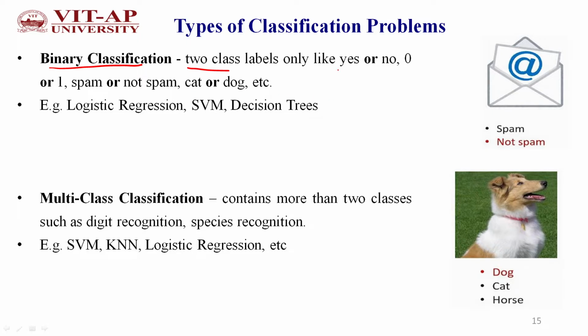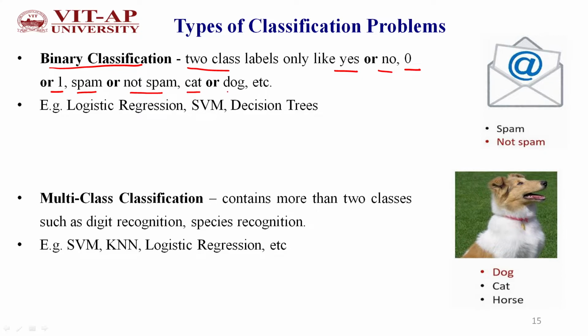One class will be classified as yes, another as no. Otherwise, one class will be 0, another class will be 1. Likewise, if we have a mail, that mail will be classified as spam or not spam. Only 2 classes will be available in the labeled data.